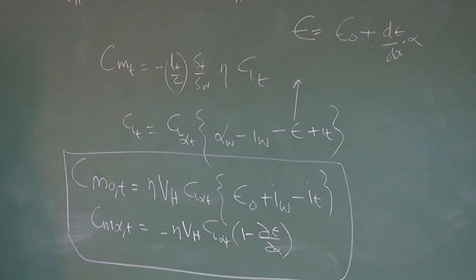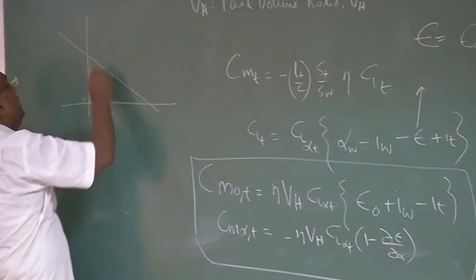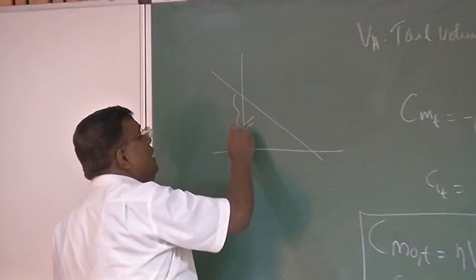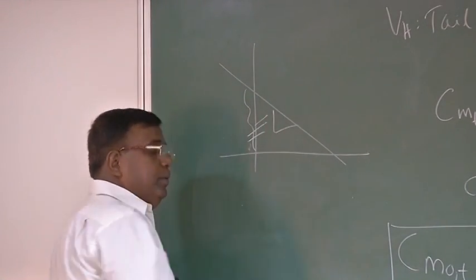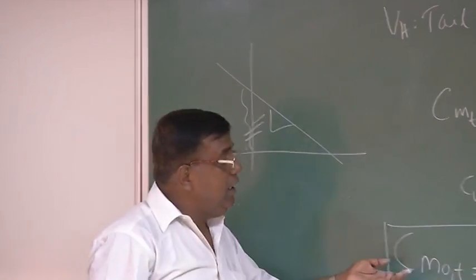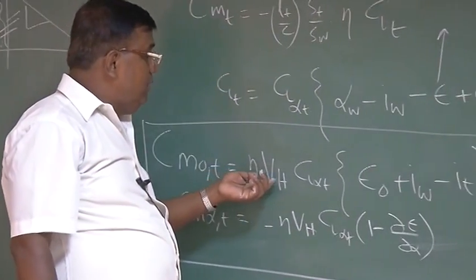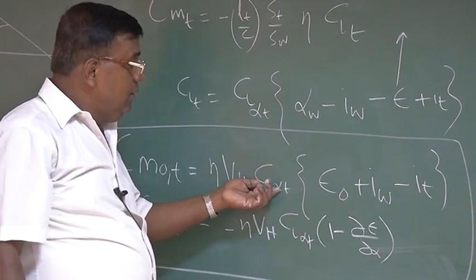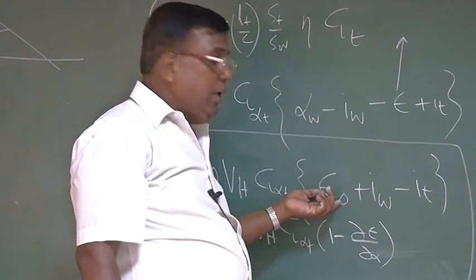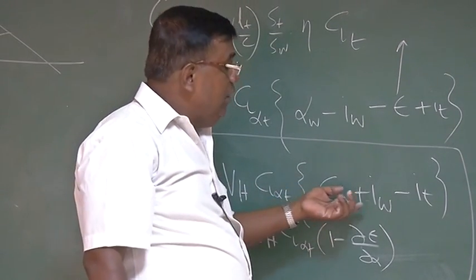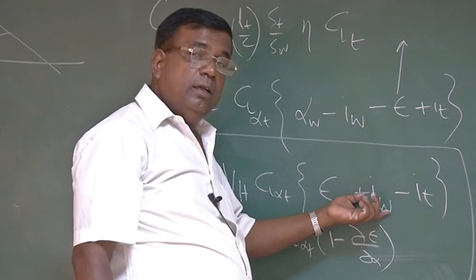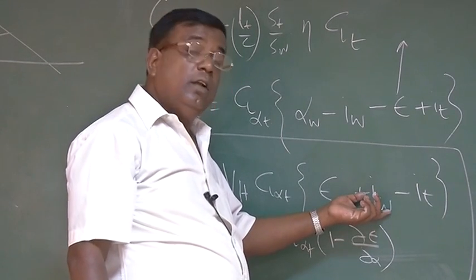I again take you back. Please remember, we're trying to see how much the tail will contribute towards adding CM naught here and towards the slope. What is the first expression telling? You could see this is positive, this is positive, this is positive. Epsilon naught, suppose a symmetric airplane, epsilon naught is 0. If I don't put any wing setting angle, this is 0.